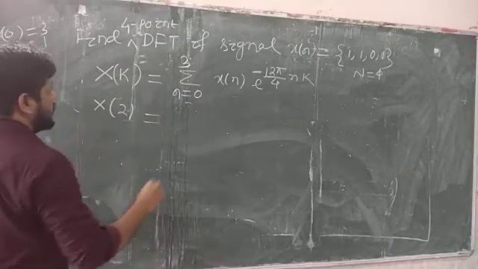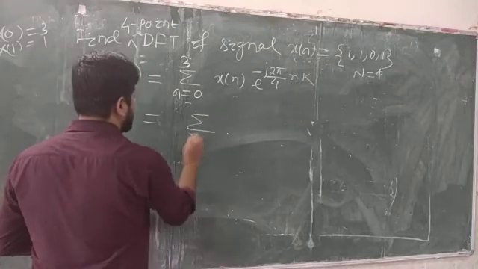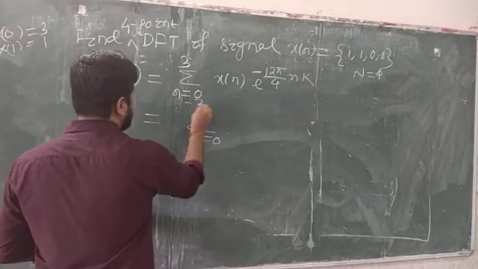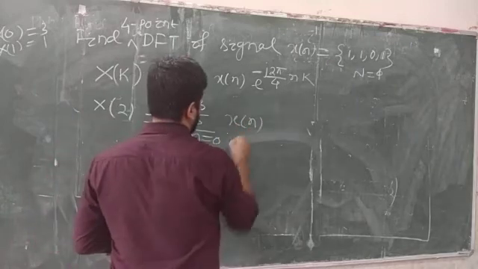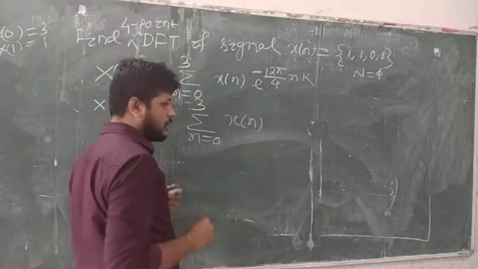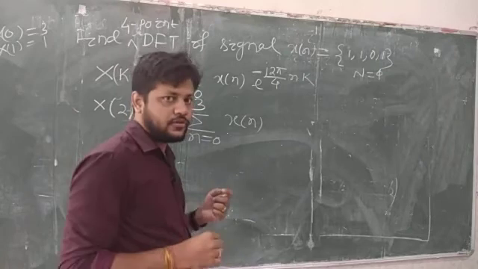X of 2 is nothing but the summation of n equal to 0 to 3, and then we have to write again x of n. Here x of 2 means you only have to put k value as 2.